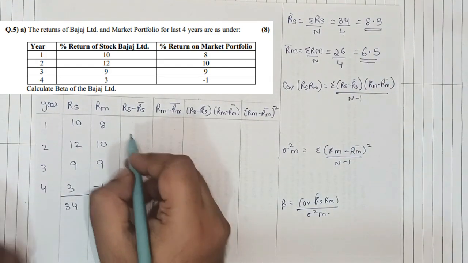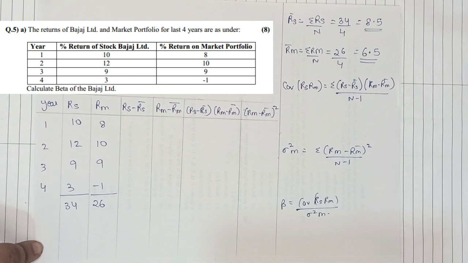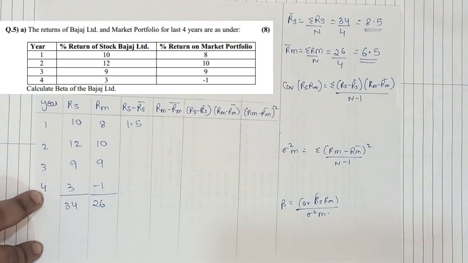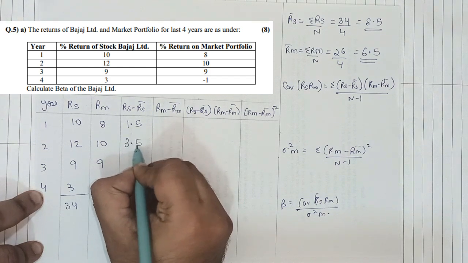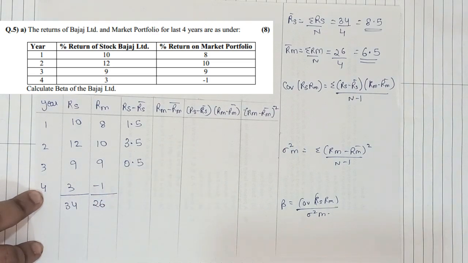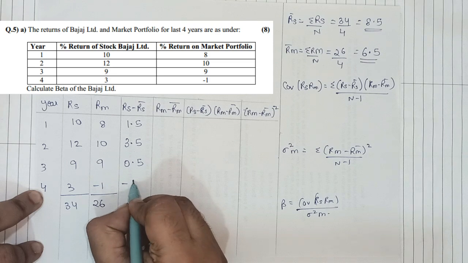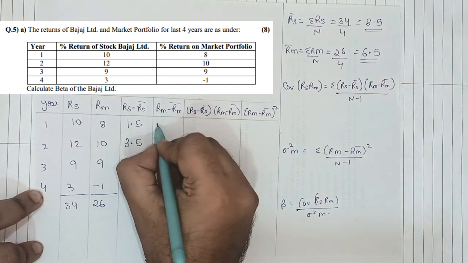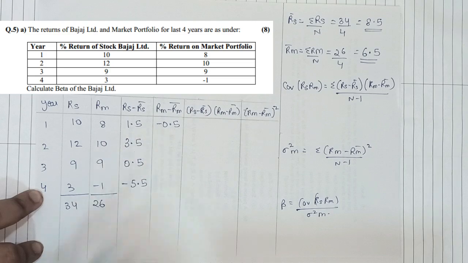So it is 10 minus 8.5 is 1.5. 12 minus 8.5 is 3.5. 9 minus 8.5 is 0.5. 3 minus 8.5 is negative 5.5.